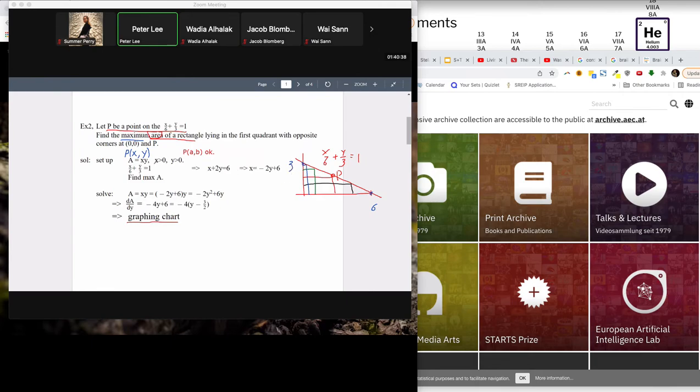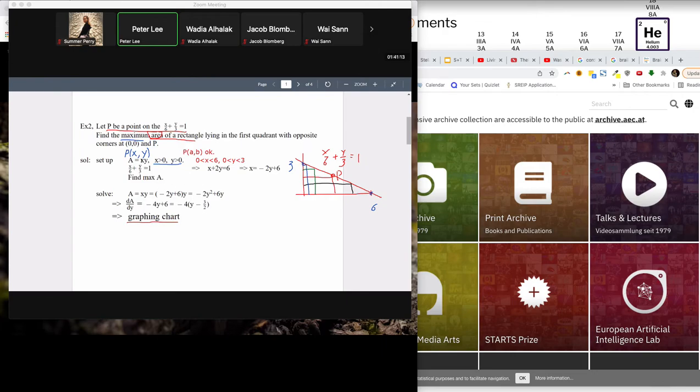If you want to be more precise, you can say 0 is less than x is less than 6, and 0 is less than y is less than 3. I think that's actually better, because the range becomes the correct range of the domain, x and y. Okay, so we have this.